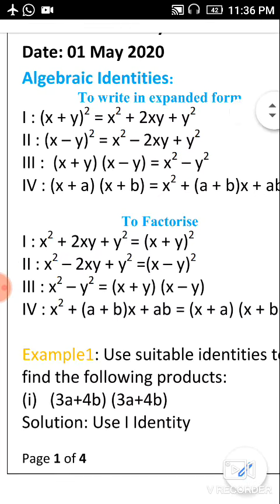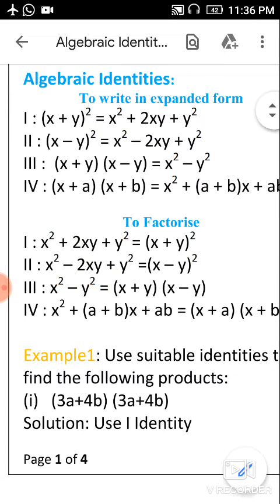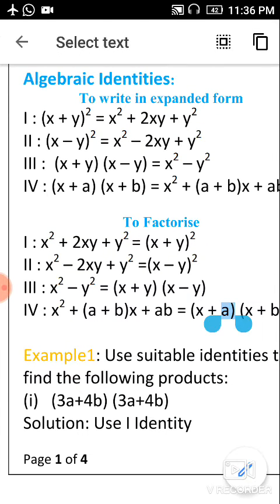Now the same identity we can read in the other way, writing RHS to LHS, LHS to RHS. So the identity is used for factorization. First identity, x square plus 2xy plus y square equals (x + y) whole square. Second identity, x square minus 2xy plus y square equals (x − y) whole square.